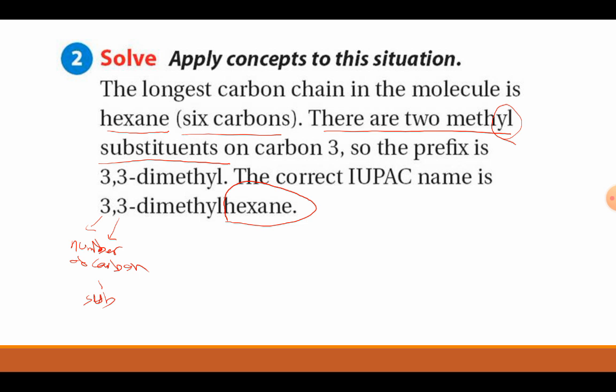And this is what di means: we have 2 groups, 2 similar substituents. And methyl, because it was a C1 carbon. And hexa, the parent chain. Is it clear now? Okay.